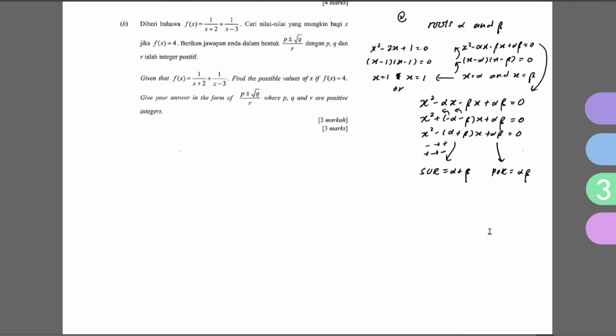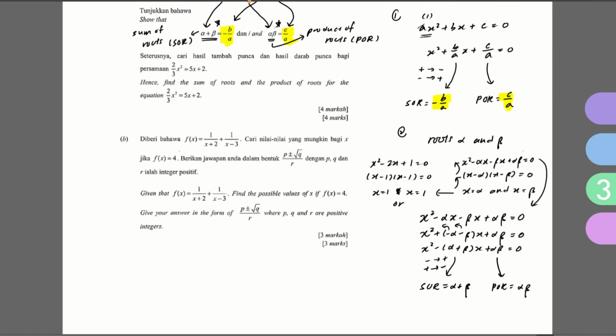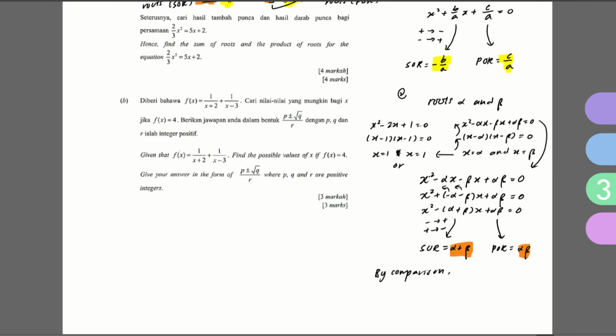So these two pieces of information are actually from the left side of the equations that we need to prove. And we can do a final conclusion by comparison. We will get this when we equate the SOR. We get this when we equate the POR.